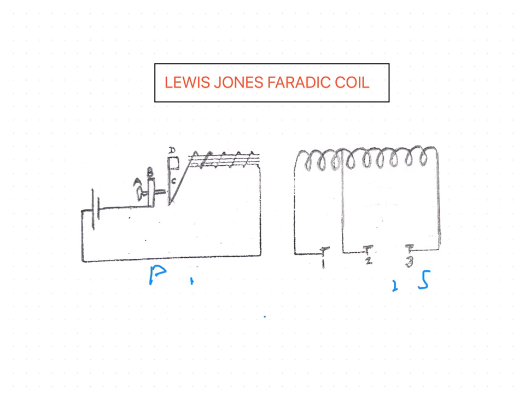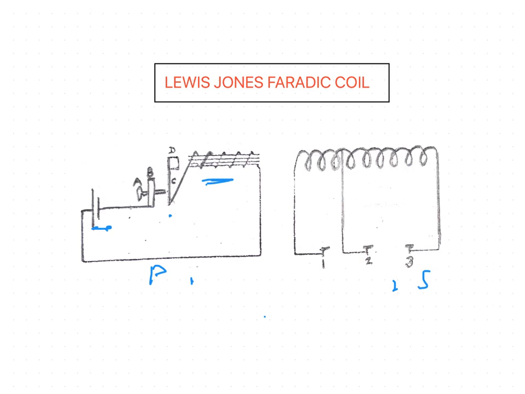The primary circuit is supplied from a single Leclanché cell and consists of a switch, a primary coil and an interrupting device wired in series with each other. This one is the interrupting device, and the primary coil is wired in series with it.